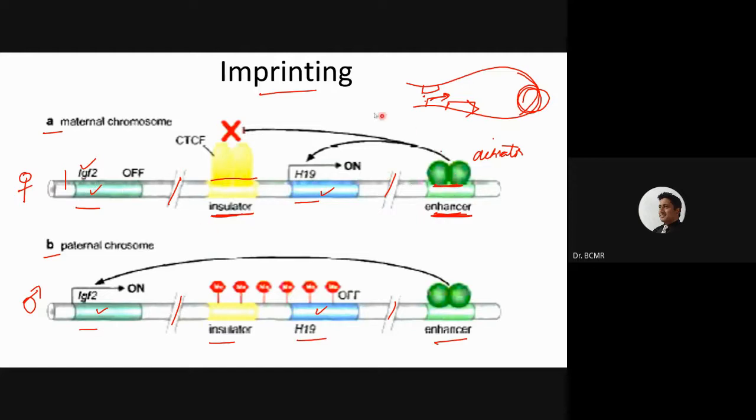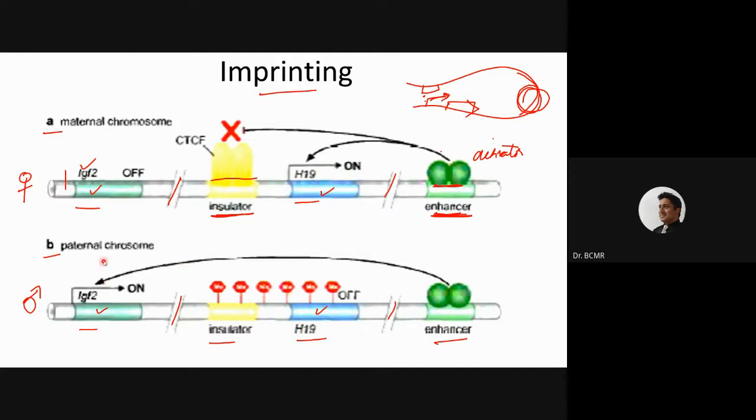The enhancer can typically bind here unless it is obstructed by, say, a protein called CTCF, which would bind to the insulator. In that case, if CTCF prevents the interaction of the activator with IGF2, then the activators will activate the transcription from H19. So in this case, H19 is expressed while IGF2 is not.